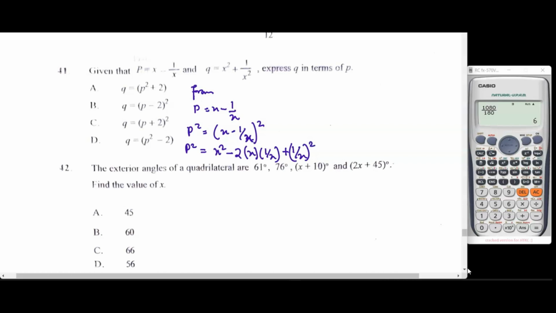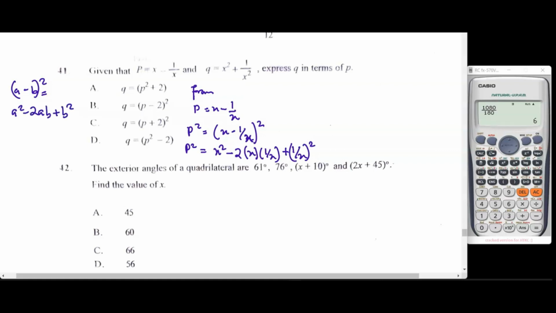This expression comes from, if I have a minus b all squared, the expansion is a squared minus 2ab plus b squared.